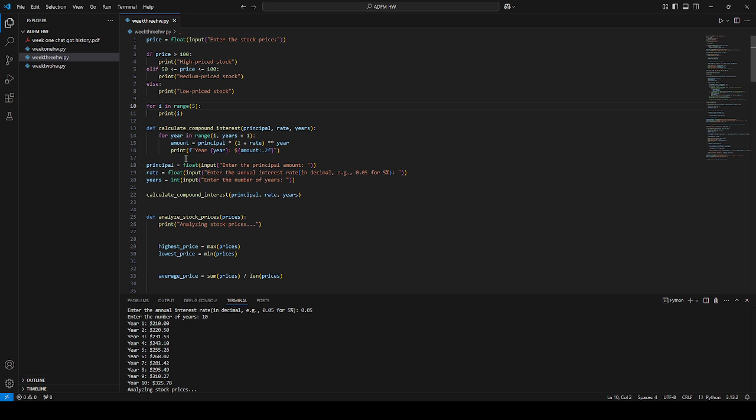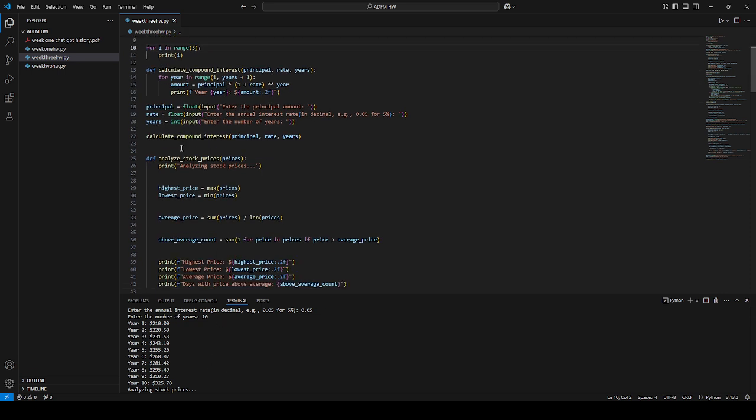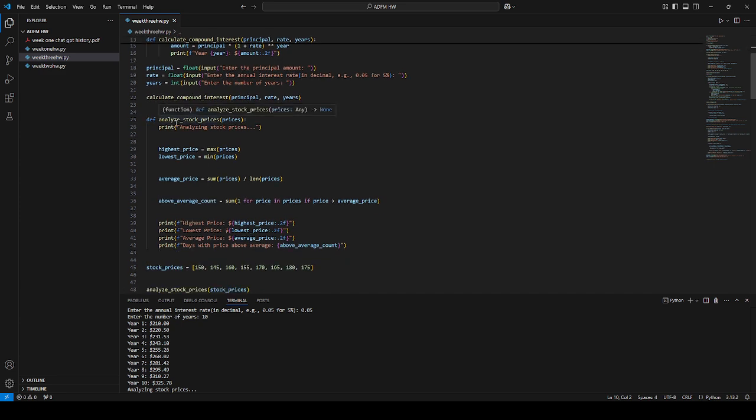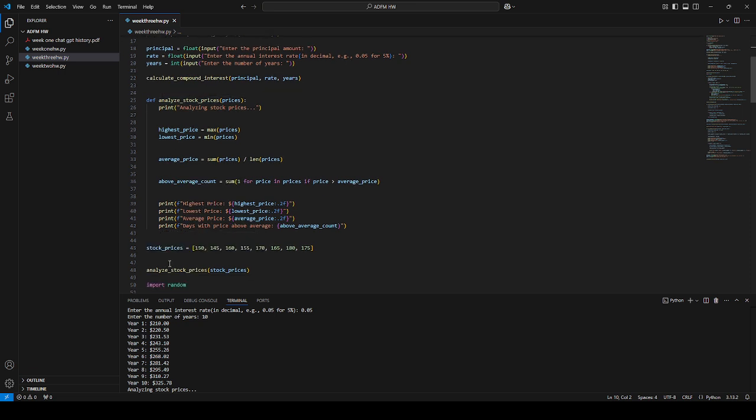And so lines 25 through 48, we're identifying and analyzing stock prices.